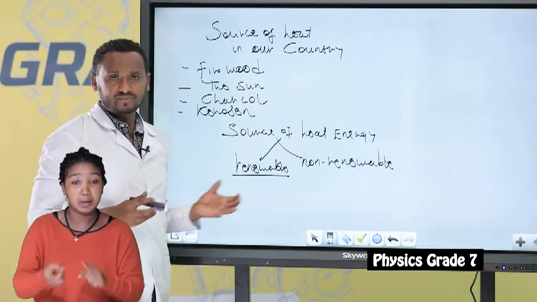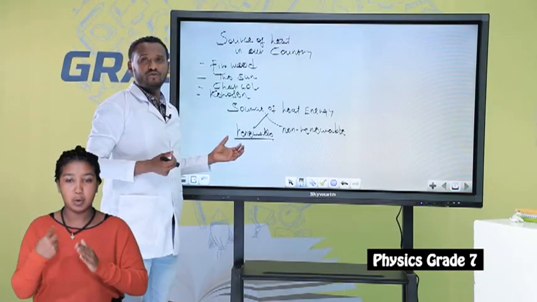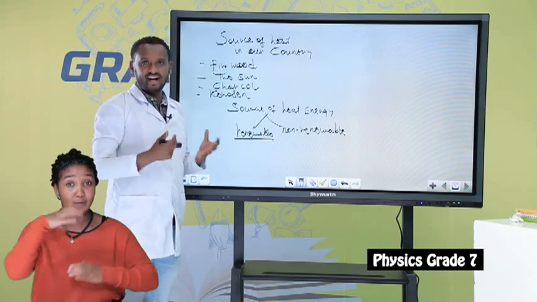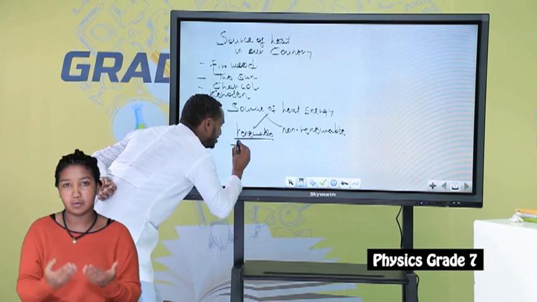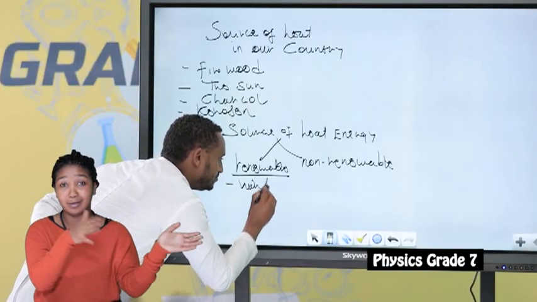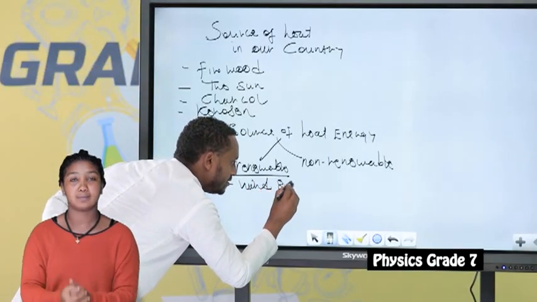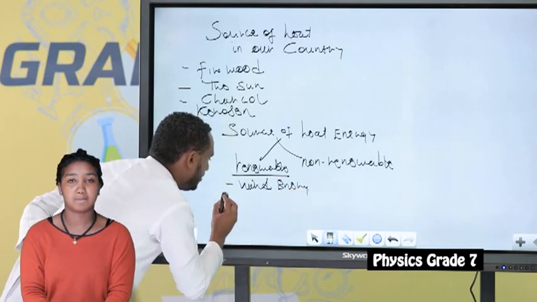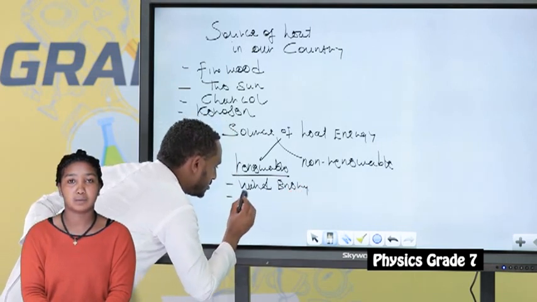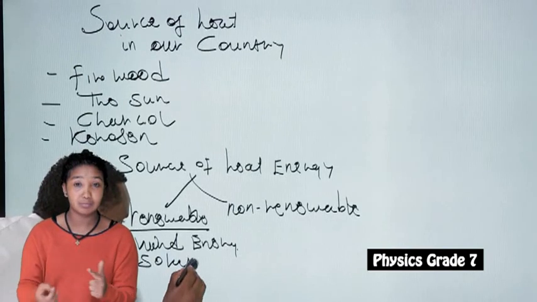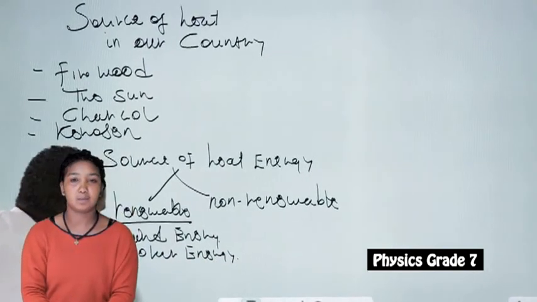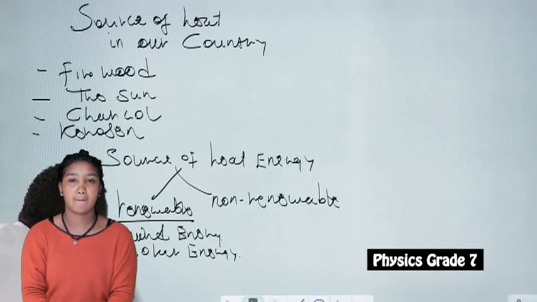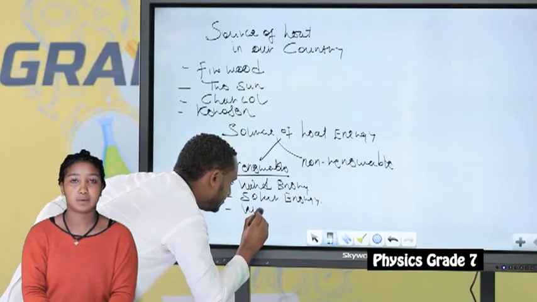Renewable means we can use this source of heat energy again and again. They are plentiful. For example, wind energy, solar energy, and water energy.